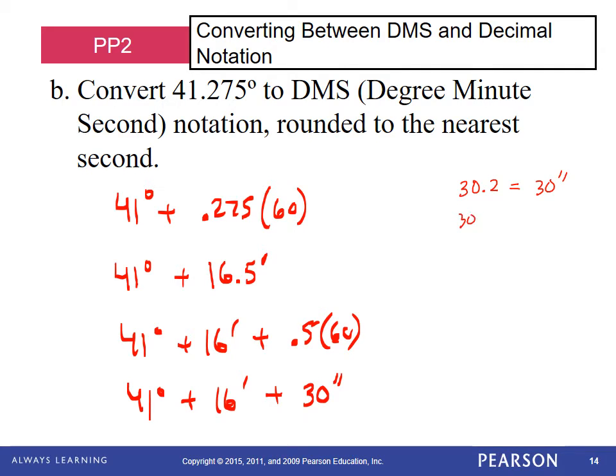If it was 30.7, then we round it off to the nearest second, which would be 31 seconds. That's all. All right, final answer. We keep them all together, get rid of the plus signs. It's 41 degrees, 16 minutes, 30 seconds. So we have converted decimal notation for degrees into degrees, minutes, seconds.